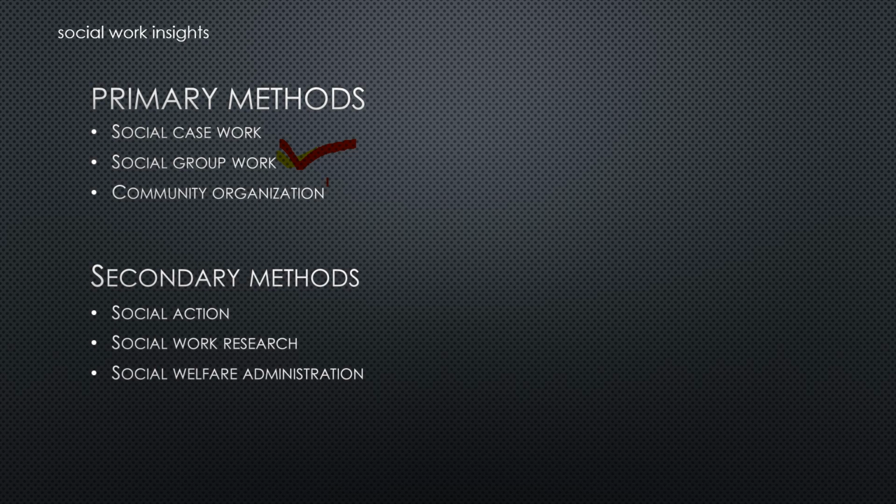And the last of the primary methods in social work is community organization. So what is community organization? Social intervention at community level is termed community organization. The community organization organizes its resources to solve the basic needs of the community with the participation of the people.